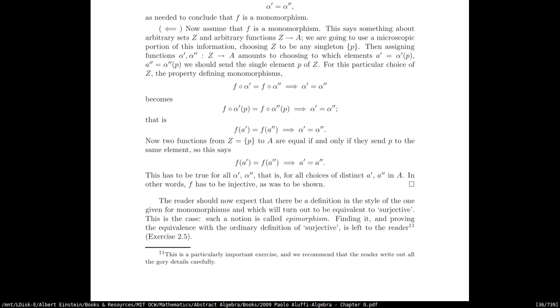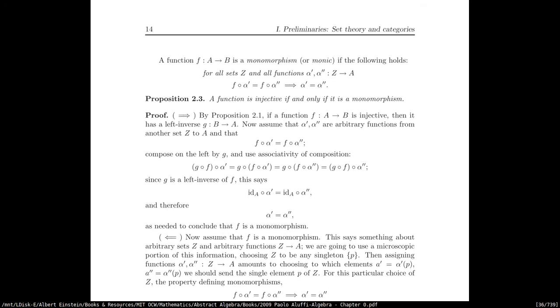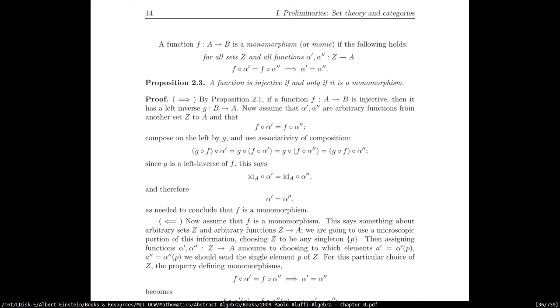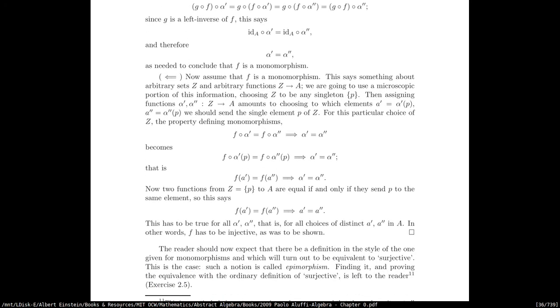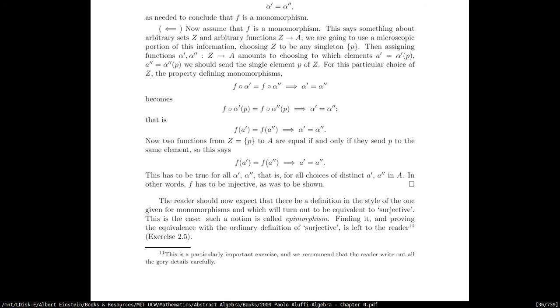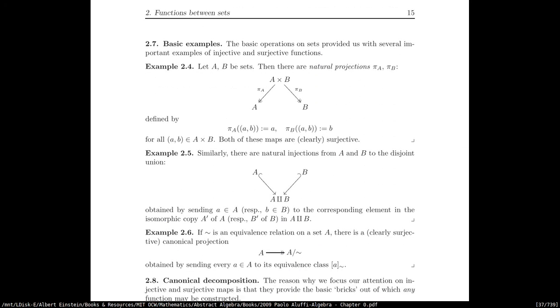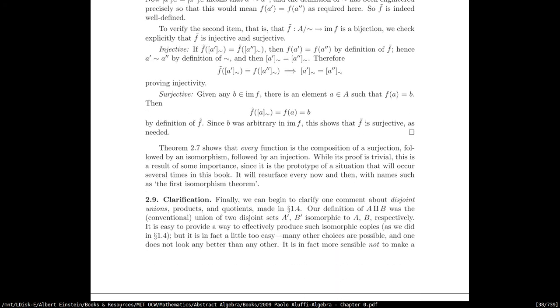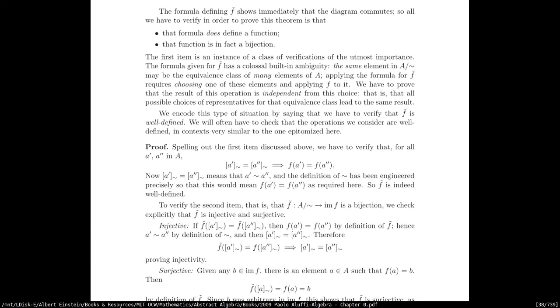For the other direction, that's kind of complicated, but you can use that it's a monomorphism, thus alpha prime and alpha double prime are equal. From there you can prove injectivity. It will take a while, but it can be a good exercise to go through. So we have some basic examples, and another proof which will look short.